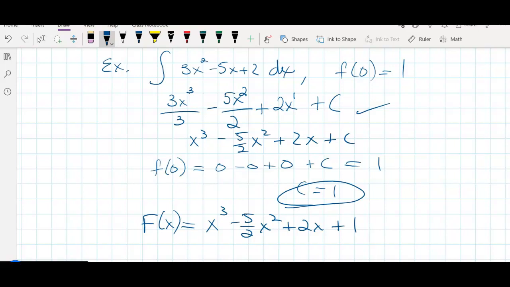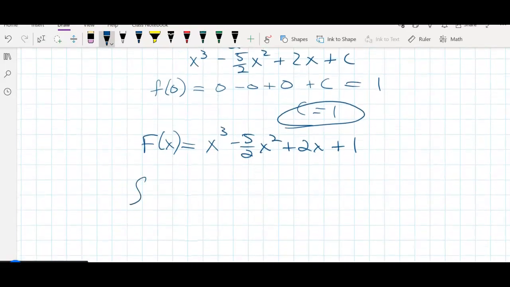So in other words, you're also expected to find the integral of, say, sine x. So you have to go backwards. How do I know?